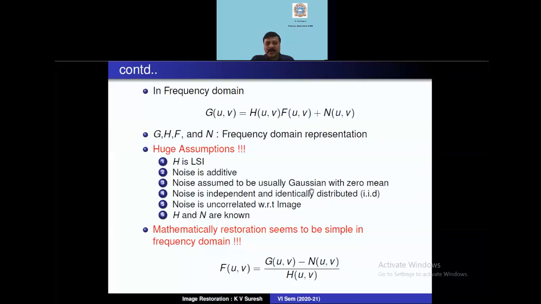But those who did random processes have learned more about this Gaussian distribution. So we make an assumption that noise is always Gaussian noise. But there can be different types of noise, particularly in medical image processing, where we get many other types of noise. And another assumption is that noise is zero mean.